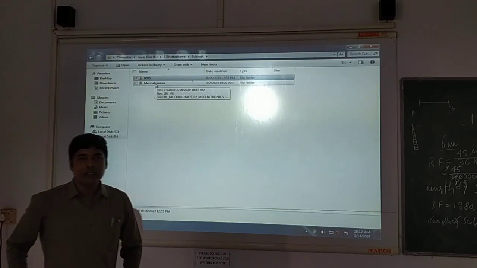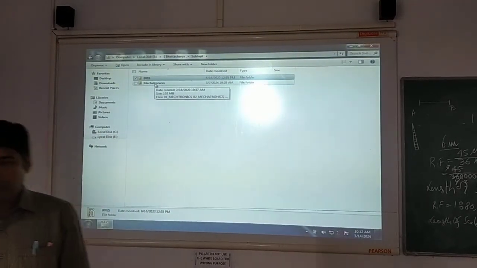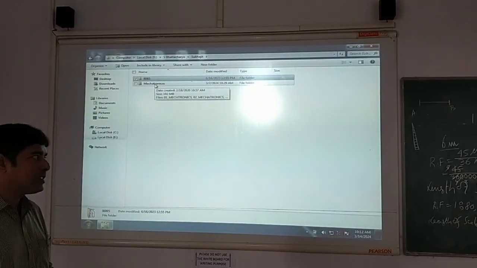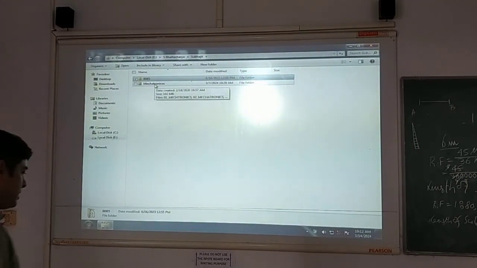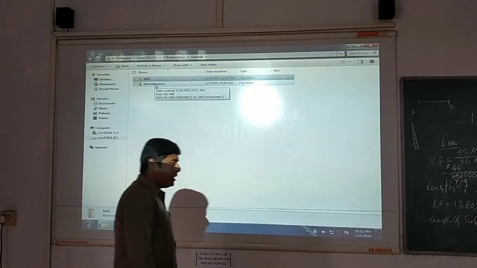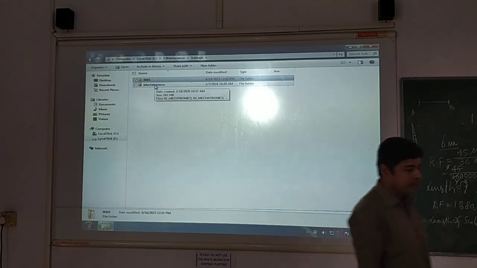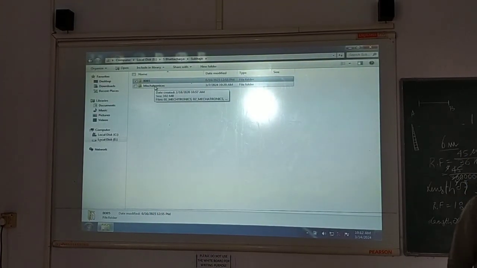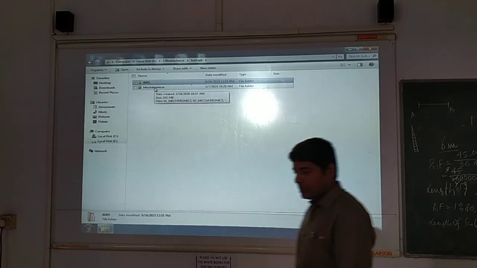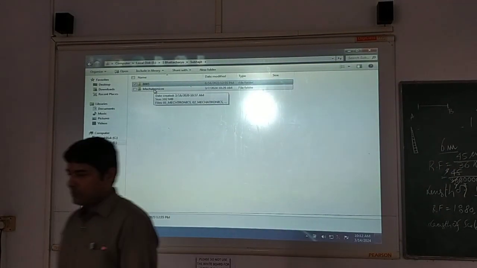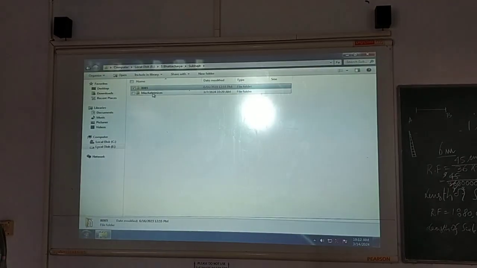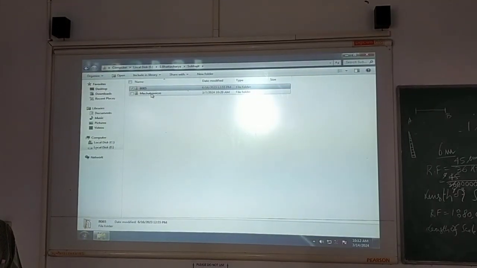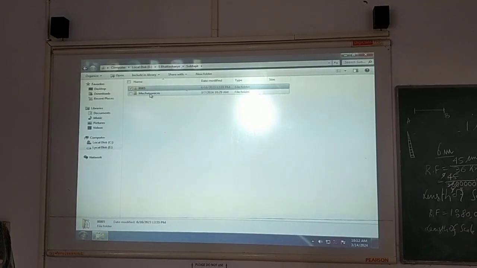We have started our discussions on sensors, and we have discussed the static performance characteristics, how a sensor is specified, and we have seen different definitions like sensitivity, resolution, non-linearity error, repeatability, and stability.